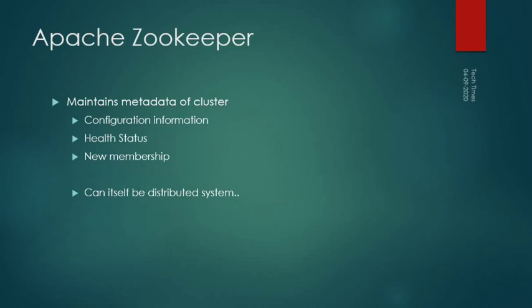We can have a single machine as Zookeeper, or multiple machines. They are internally connected, but they work towards a single goal of managing the metadata of the cluster. Apache Kafka doesn't have many tasks assigned to Zookeeper, so a single Zookeeper machine can manage a very big cluster as well.